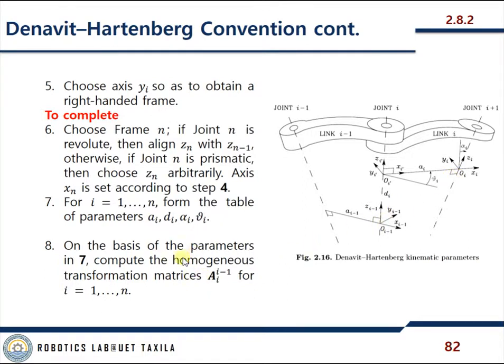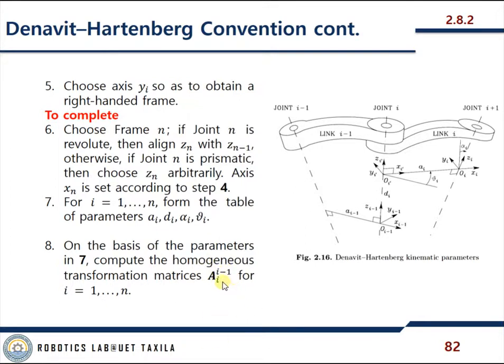On the basis of the parameters in step 7, compute the homogeneous transformation matrix from i to i-1 for i from 1 to n. So first 1 to 0, and for example from 4 to 3, 3 to 2, 2 to 1, and then 1 to 0.